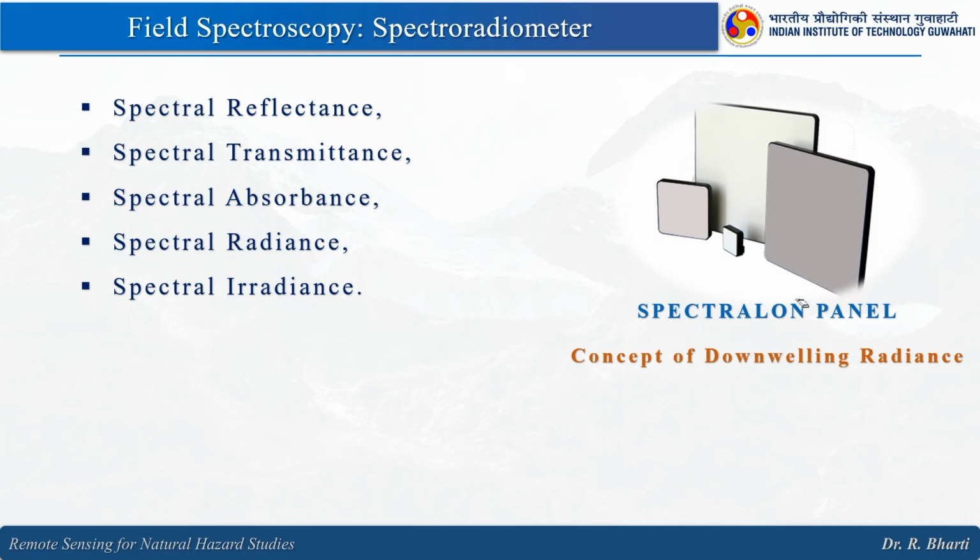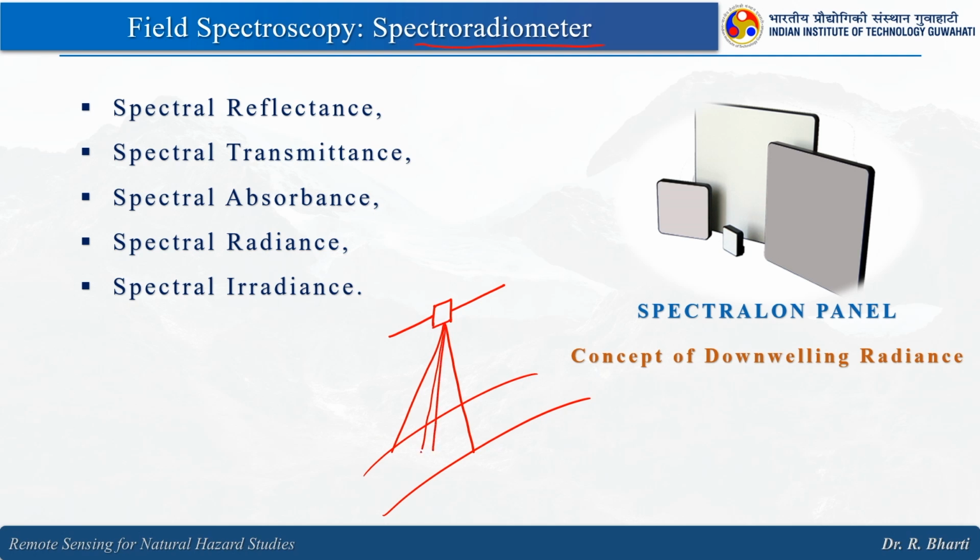This spectral panel is used to measure the irradiance and as well as the white reference, right. We will see why we need this in this spectroradiometer. So, remember I told you that if we have a satellite which is looking at a particular area, with one detector it is generating one single pixel, right.